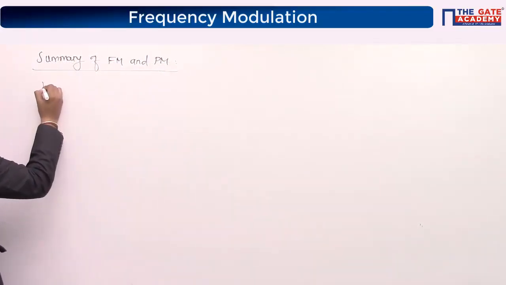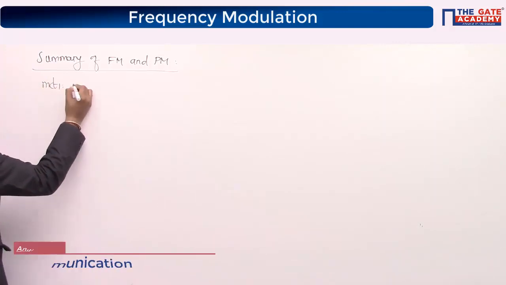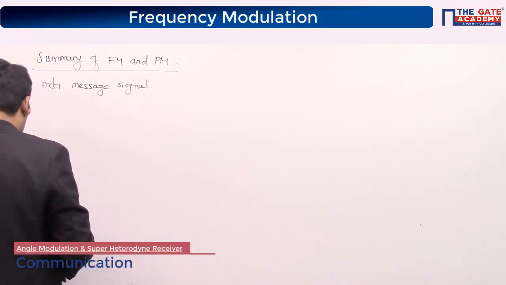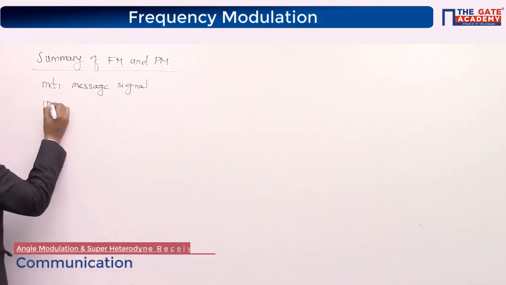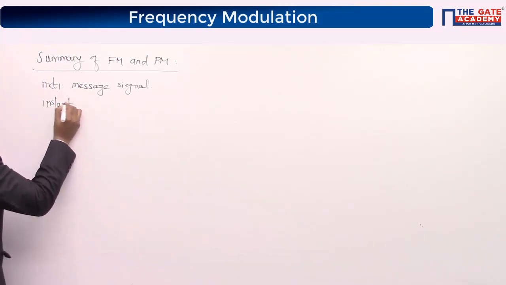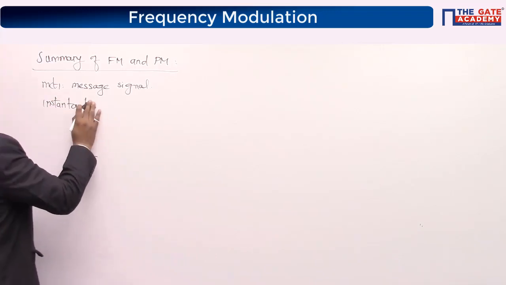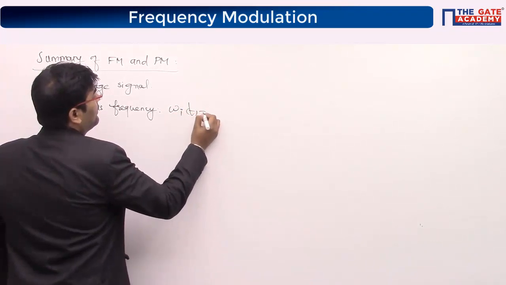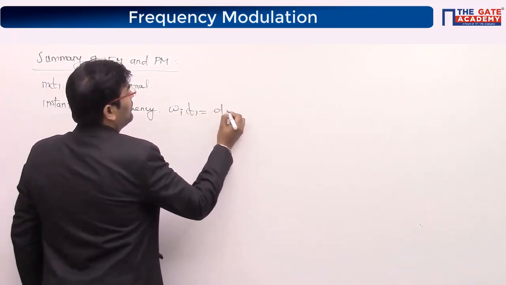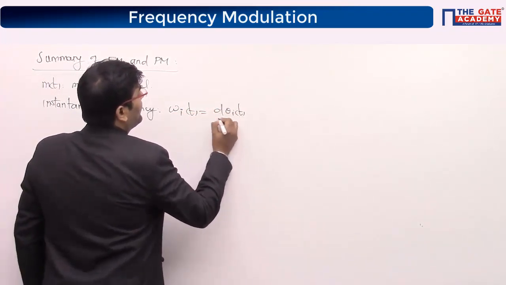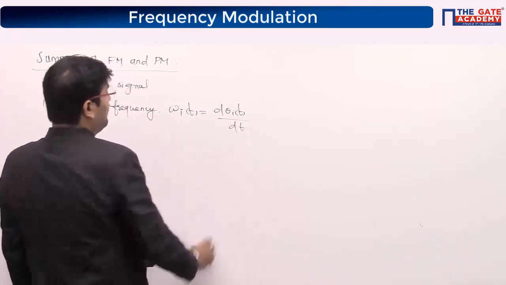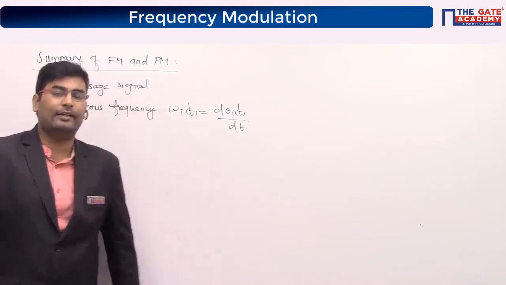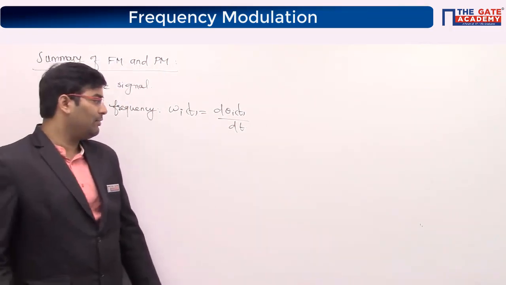So here, m(t) is your message signal. And instantaneous frequency omega_i equals d theta_i by dt. We know this as well, because d theta by dt is omega, d omega by dt is alpha.